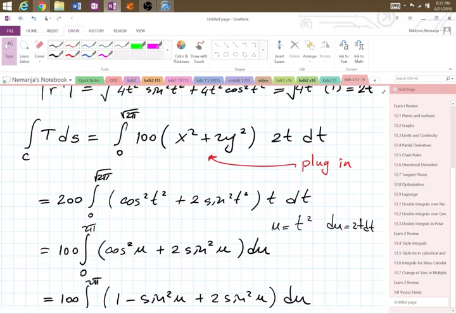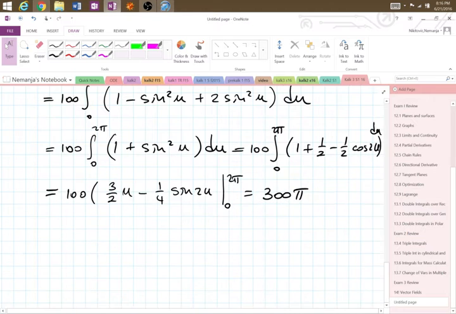We have the integral, we have the limits that are given, we have the function times the magnitude of r prime. Now the temperature function is given in terms of x and y, which we plug in the parametrization in terms of t. So that's how we got the next line. Those are only x and y plugged in. And then after that, there is some algebra going on that you have to do. And eventually, it's 300 pi.